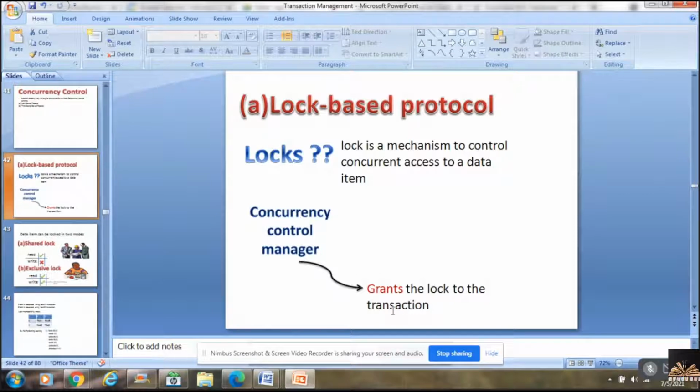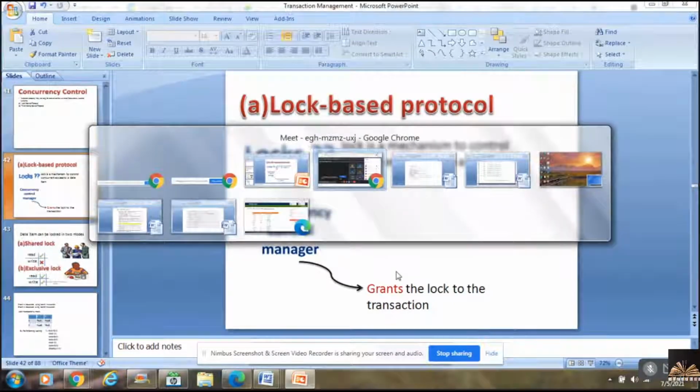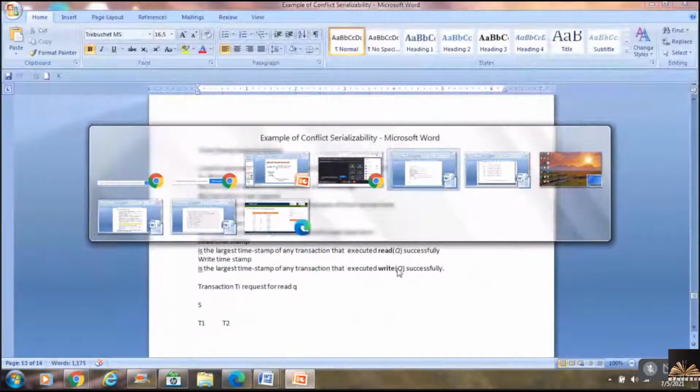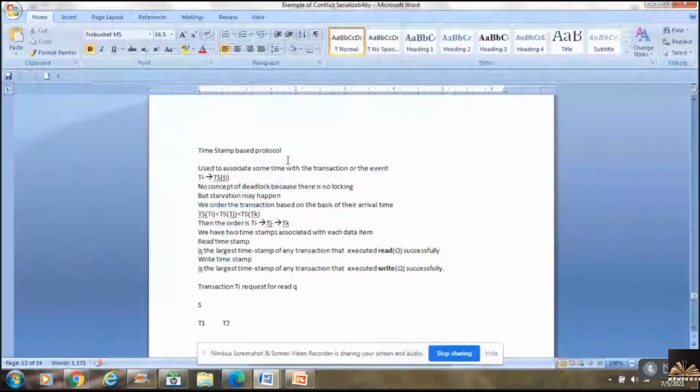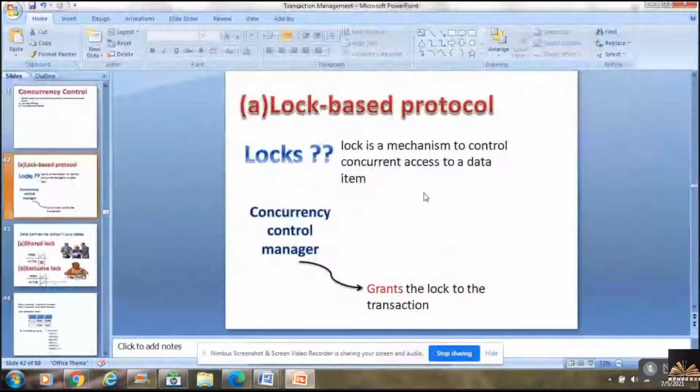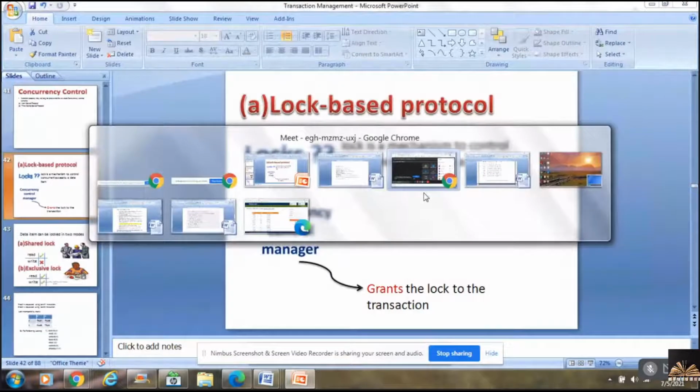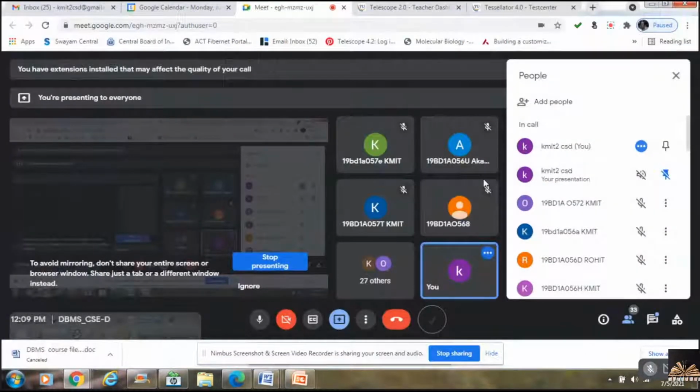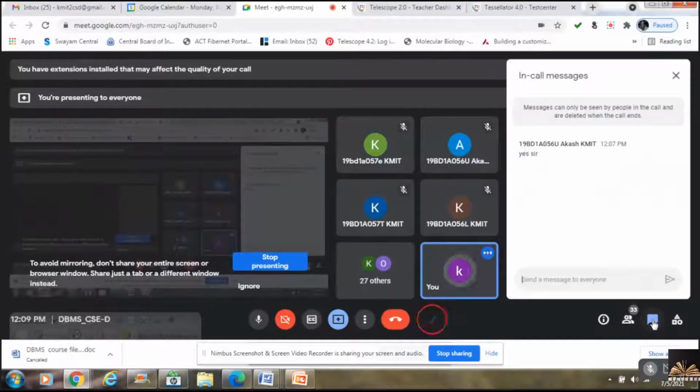So whenever a transaction is requesting a specific lock on a database item, the concurrency control manager is the one which gives the lock to a specific transaction.